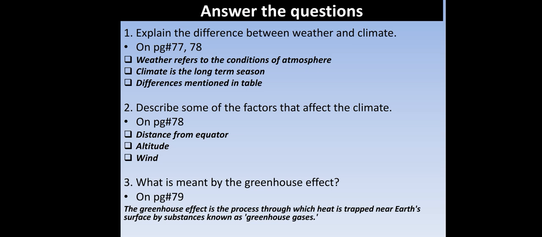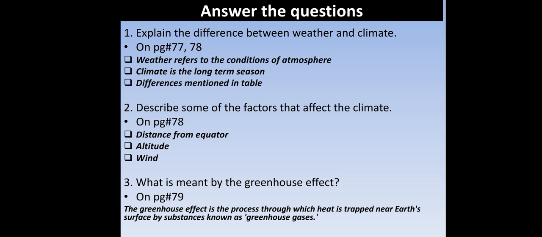Then question number 3: what is meant by the greenhouse effect? You can find that on page number 79. The greenhouse effect is the process through which heat is trapped near Earth's surface by substances known as greenhouse gases. As I've explained earlier, there are many greenhouse gases, including carbon dioxide, methane and nitrous oxide.